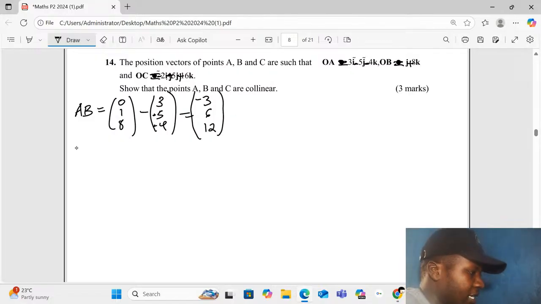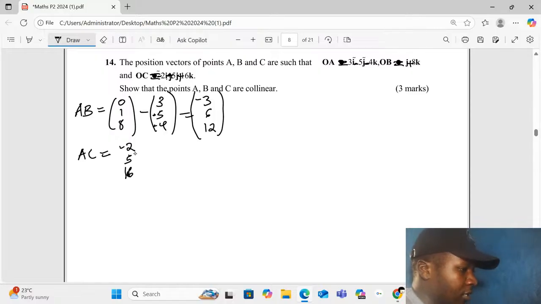Then AC becomes negative 2, then we have 5 and 16. Then we minus 3, negative 5, and also negative 4.